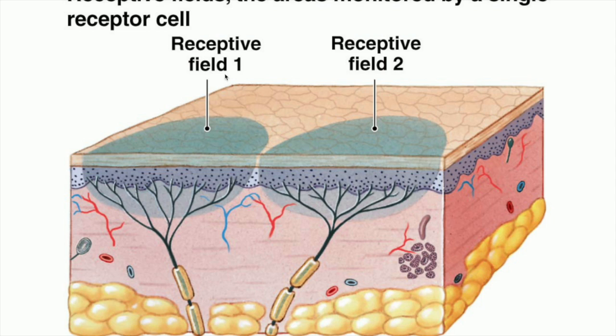This allows us to localize things, like tell where something is touching us, or where pain is coming from. And receptors are specific for a certain type of stimulus, such as light or touch. These are touch receptors. In our eye, we have receptors that are specialized for light.